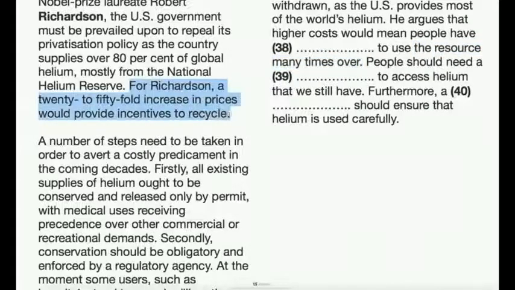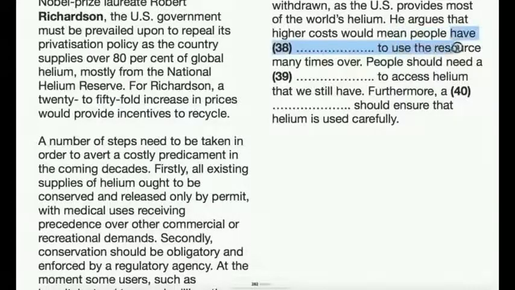We'll just double check and look a bit further down. A number of steps need to be taken in order to avert a costly predicament in the coming decades. Well, that's not connected to that. So it looks very likely that this is where the answer is. Again, we can think about what kind of word might fit there first to try and help us. It looks like it will be a noun again, because here we have, what's going to fit here?